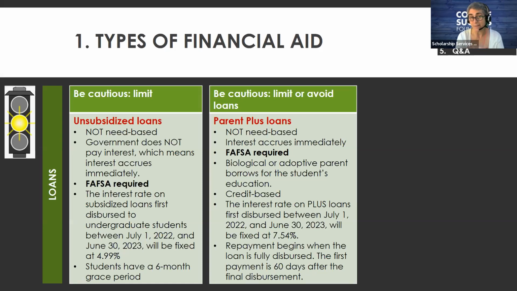It is credit-based. So that means that this is not a guarantee type of funding, unlike all the other aid that I have mentioned, that as long as the student qualifies, they can get it. This one is credit-based. So it's very possible that the family applies, and then if the family doesn't have any credit history or doesn't have a favorable credit score, they will be denied.